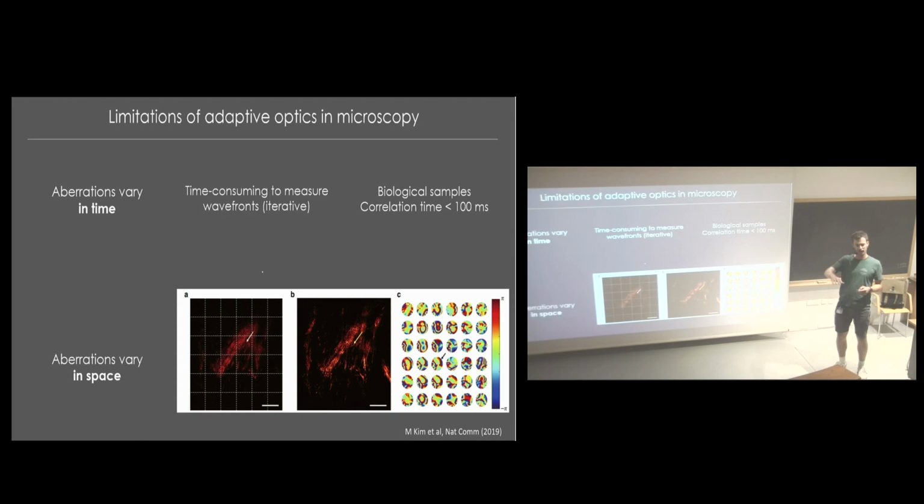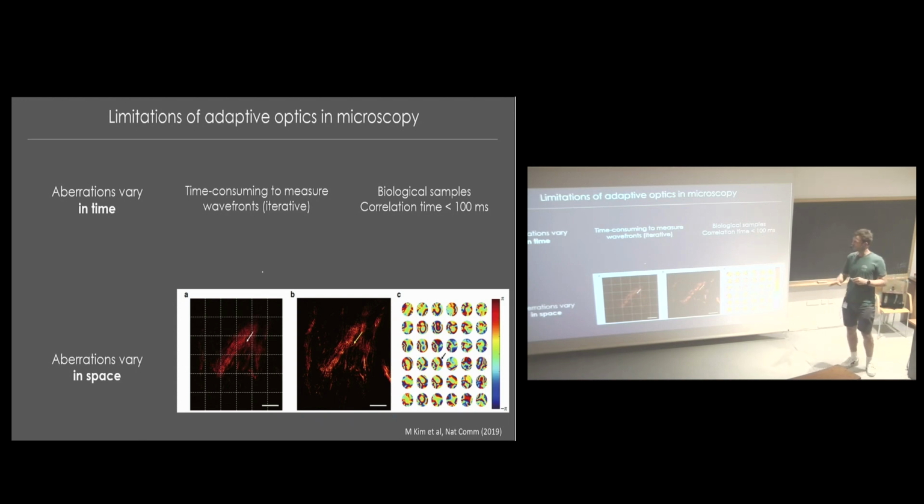If you are imaging at, let's say, 1 millimeter in depth or 500 microns, you have blood vessels on top, in between. And so you have blood flow, you have compression, you have plenty of effects. And actually, the correlation time can be quite slow in biological systems. It means that you need to make your measurement faster than this correlation time. So this is doable for turbulences in the atmosphere. This can be quite challenging for biological samples.